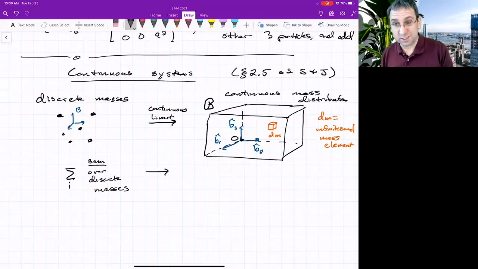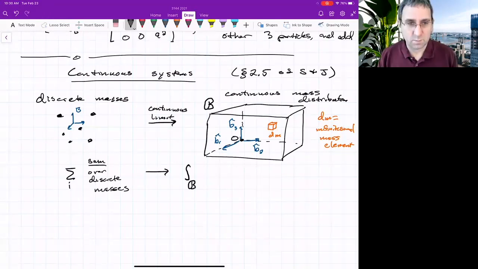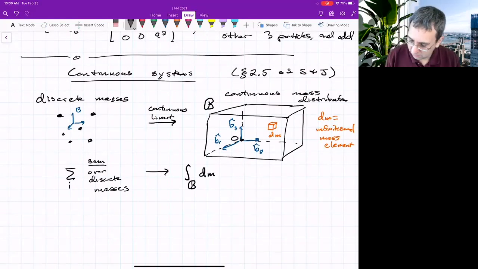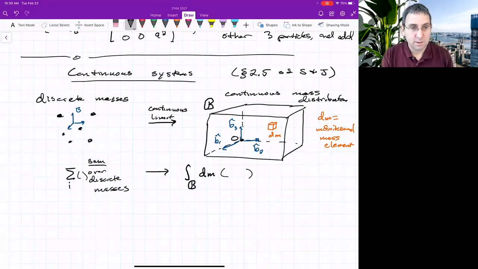When you go to a continuous limit, you're taking an integral. So you have an integral over the body B and infinitesimal mass elements of whatever it is. So here we would be summing over something. Here we'll be summing over something. Summing over some property at each of these mass points. Maybe it has something to do with the location of each mass point. Let's call that R for now.